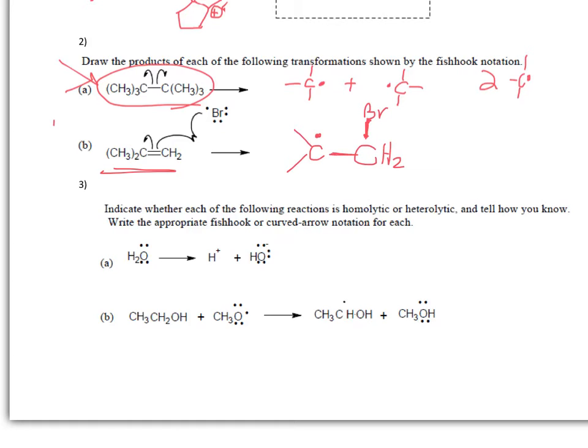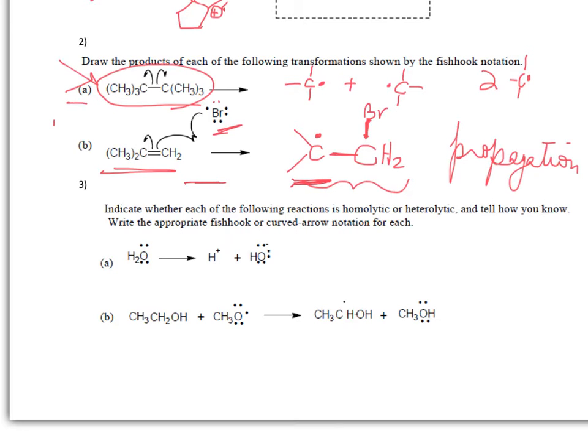And so what your product is going to be is a free radical again. So this is kind of like a propagation step. Propagation, because you have a free radical in the beginning. There should be 2 electrons over here to denote all the 7 electrons, and you're going to end up with another free radical. So free radical in the beginning, free radical as the product, that's a propagation step.